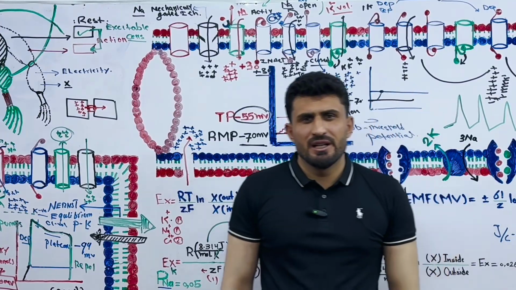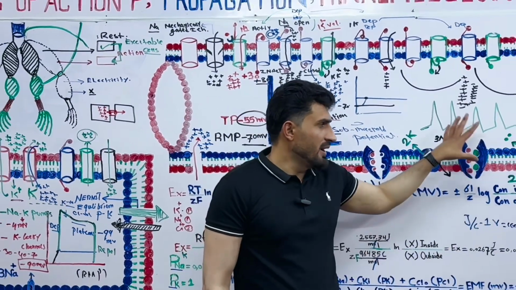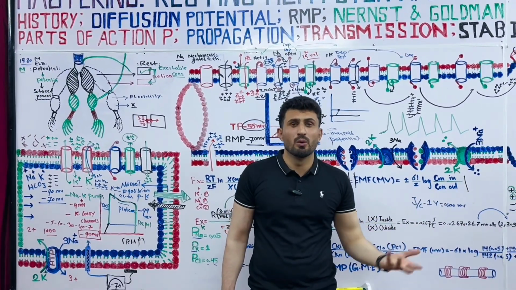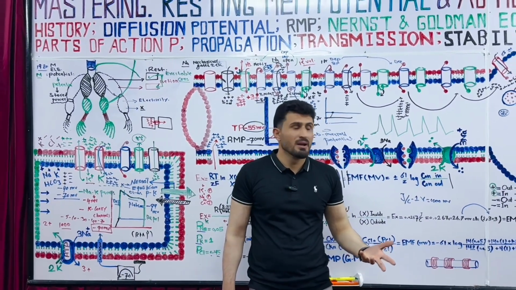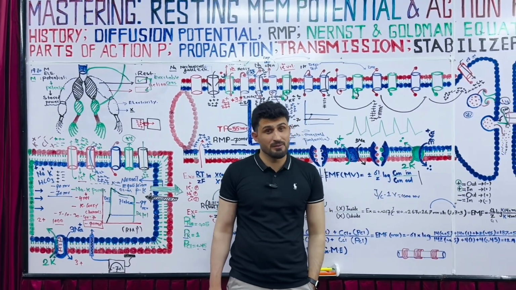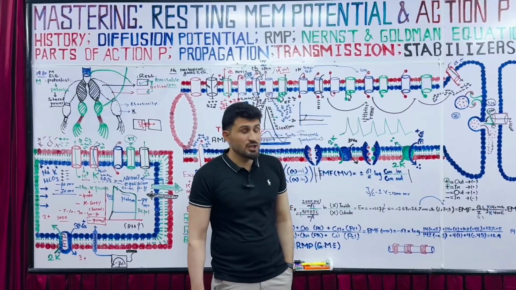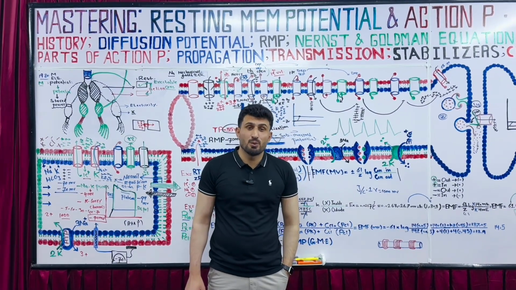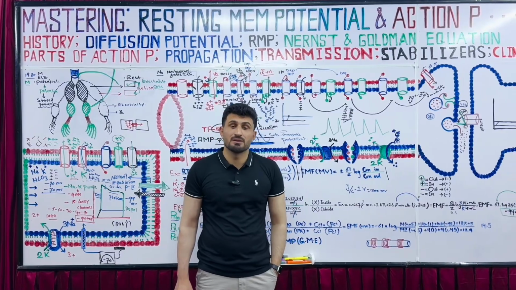And about the clinic, it's so important because with the help of action potential we can do all our works in our body. For example, it causes contraction of skeletal muscles, contraction of heart muscle, production of heartbeat, and transmission of different signals from one point of the body to another.